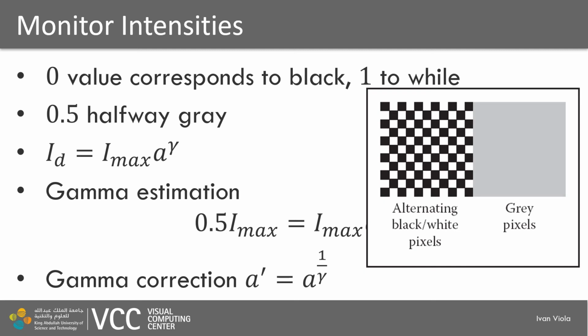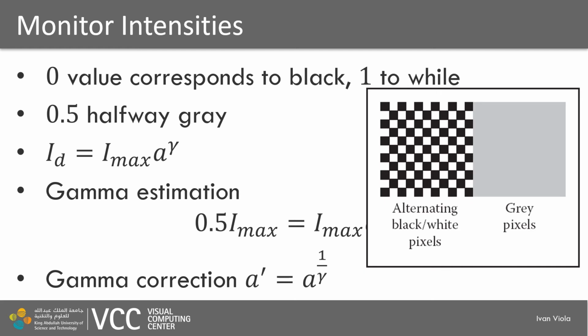As this is a high resolution display, we will not be able to spot these individual pixels at typical viewing distance, but we will see it as a continuous shade of gray. And as there is 50% of black and 50% of white, the final percept will be 50% gray. So this is the value which we will be looking for.